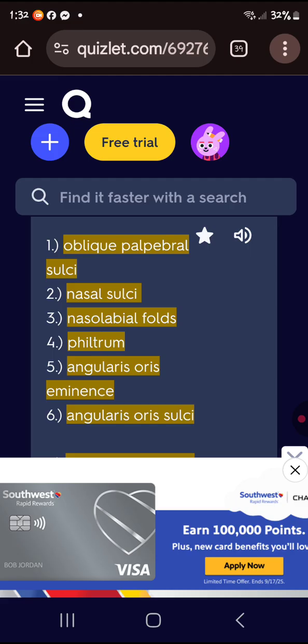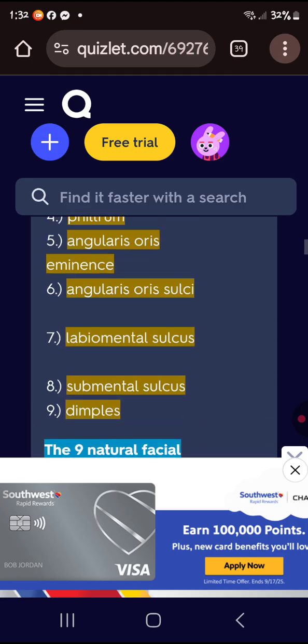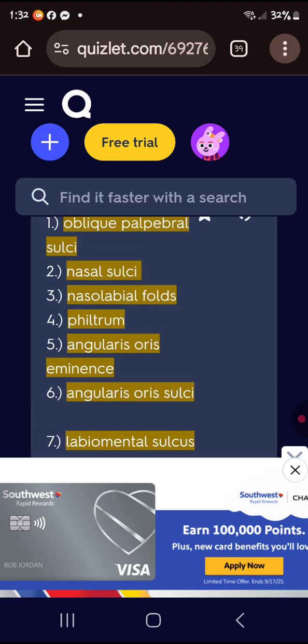The nasal sulci, that's the wrinkle groove of the nose. Nasolabial folds. You know that naso means nose and labial means lips. So it's like the fold between the nose and the lips.